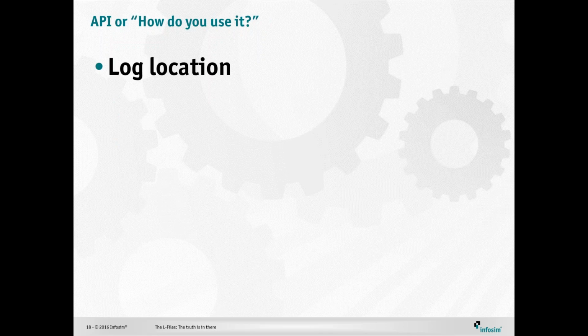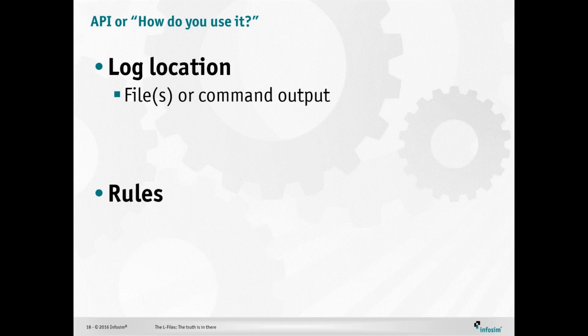You only have to specify the log location, and you have to specify the rules that will be applied on the output. A log location can be a single file or multiple files, or the output of a command. Furthermore, you can specify if this should be on your local machine or tunneled over SSH.